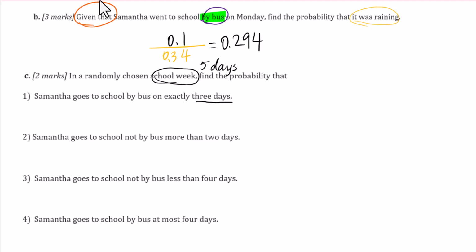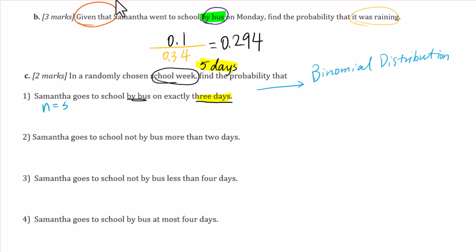Since there are 2 outcomes, by bus or not by bus, and 5 days, 3 days, all this information means this is a binomial distribution.